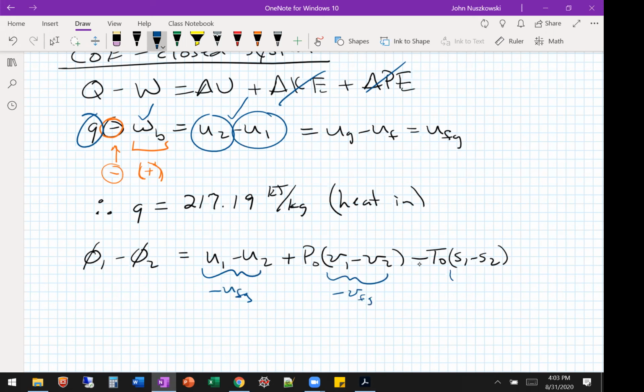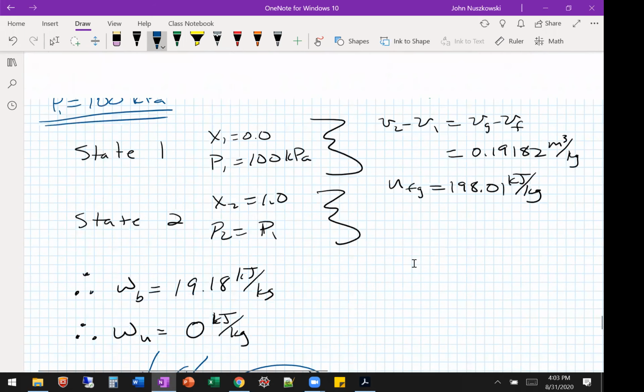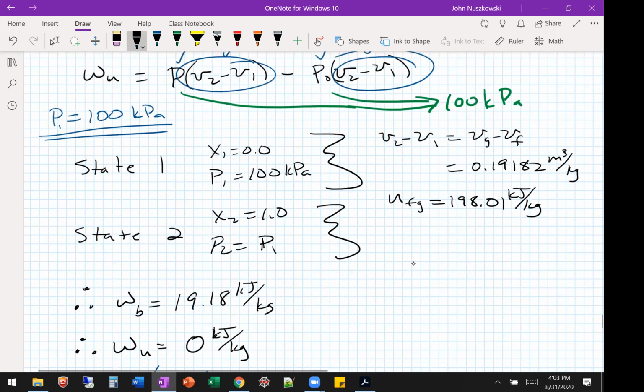We just need negative SFG. We get 0.88008 kilojoules per kilogram K.